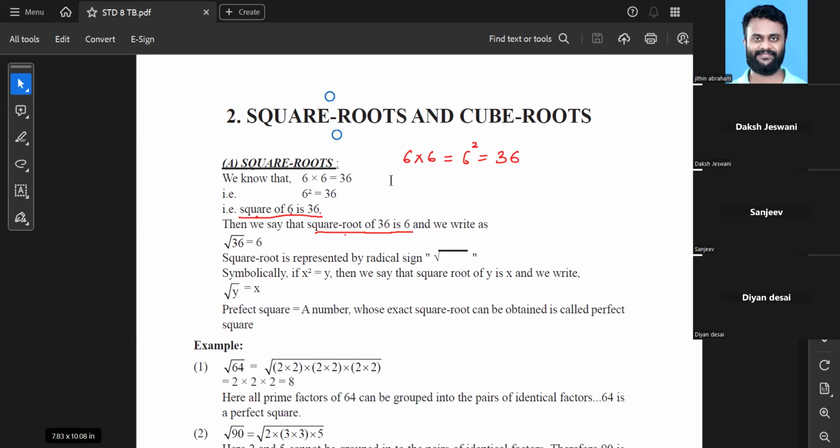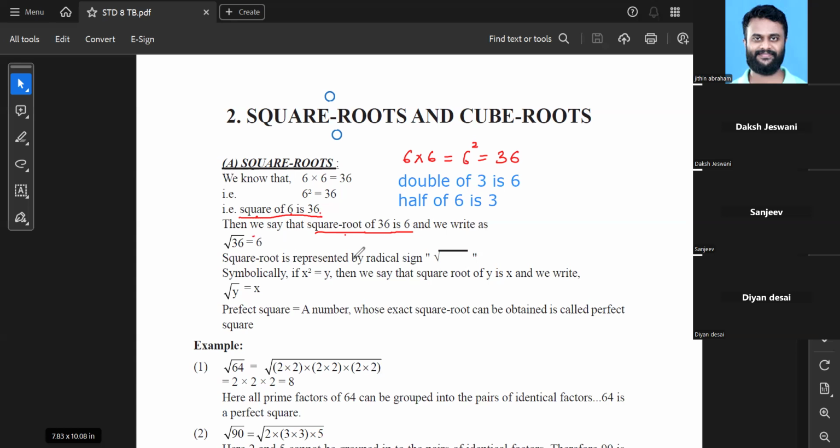Another example: if we say double of 3 is 6, then the reverse is, we say half of 6 is 3, right? So this statement is the inverse or reverse of the above statement. Similarly, the inverse of square of 6 is 36 is: square root of 36 is 6.